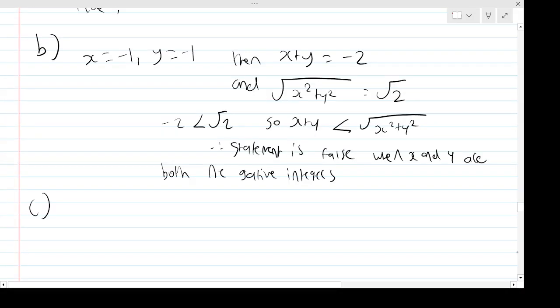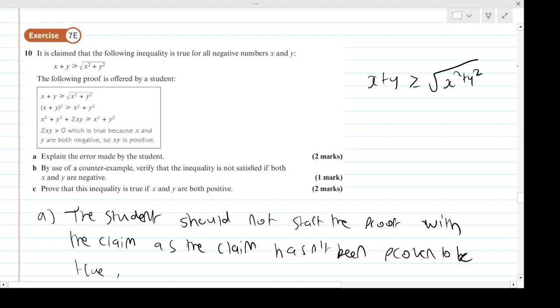Now, like I said, when you want to prove this inequality, you'd want to work backwards and simplify and undo essentially what's happened. But this proof here is what it's doing. It's working backwards and considering the bracket x plus y squared.